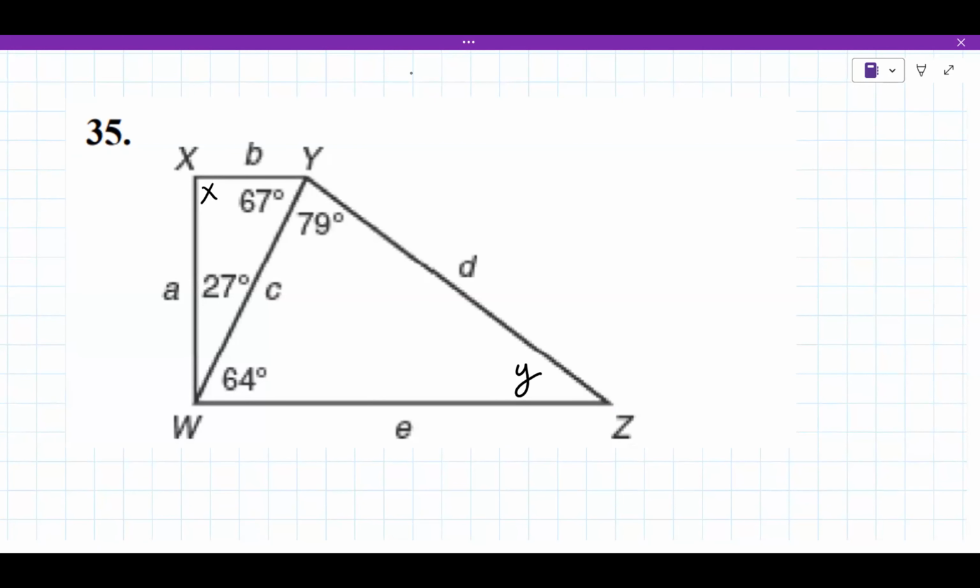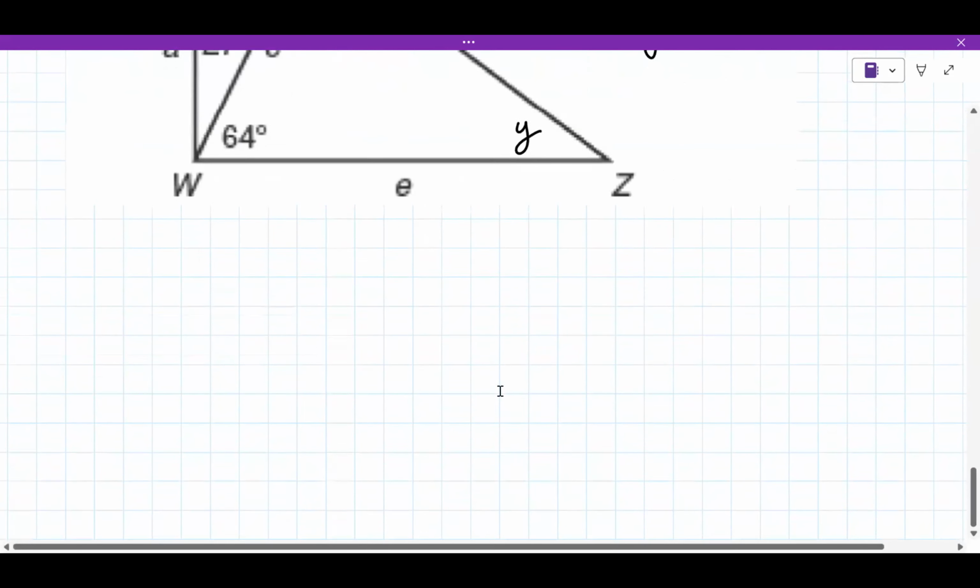All right, so angle X would be 86. Okay. And then Z would be 37. Good.